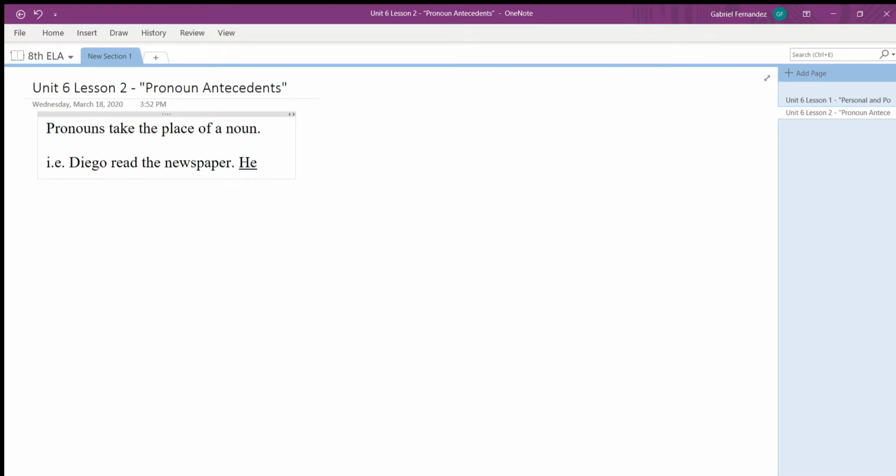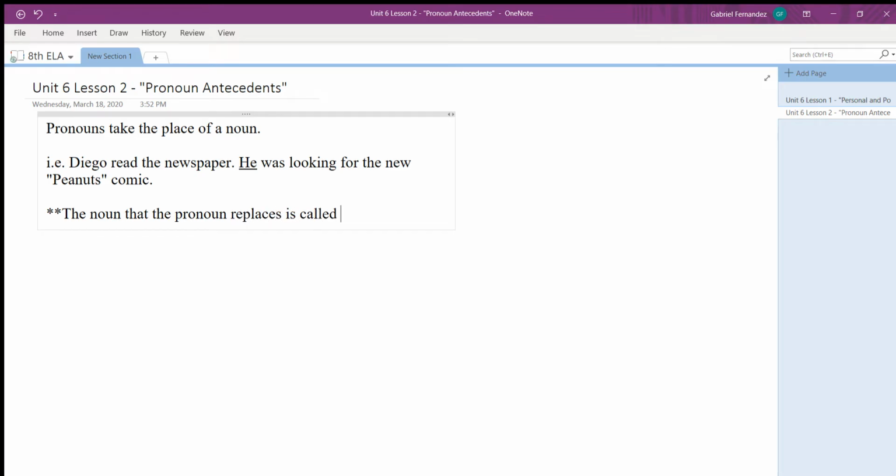He was looking for the new Peanuts comic. Okay. The noun, this is very important. The noun that the pronoun replaces is called an antecedent.